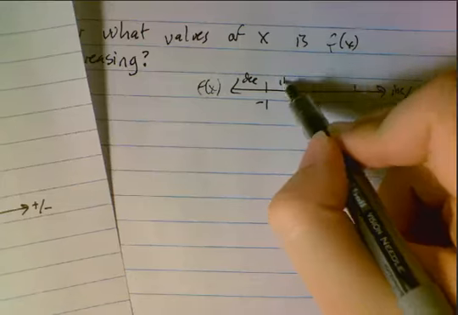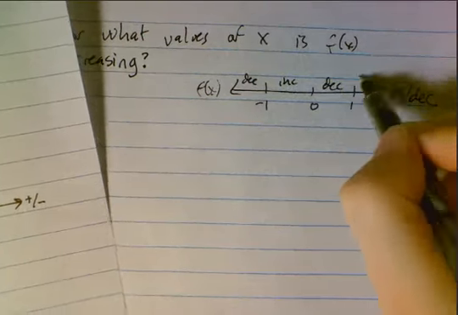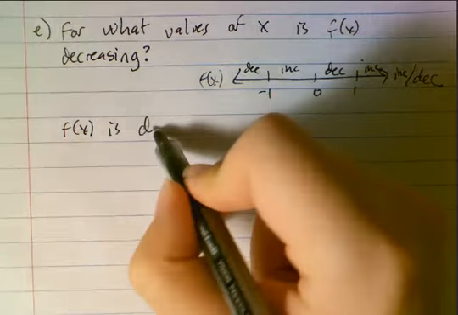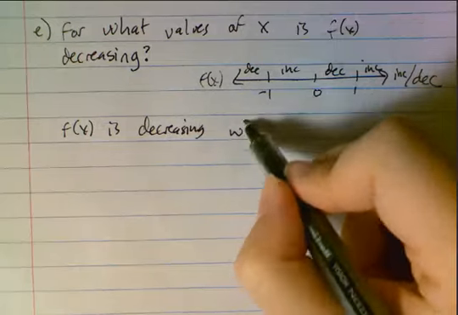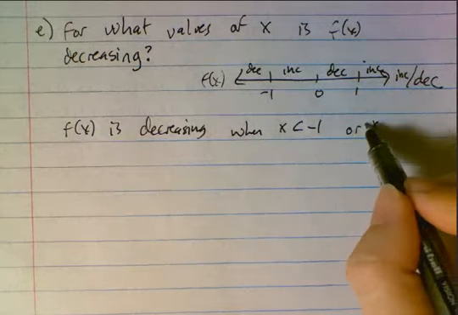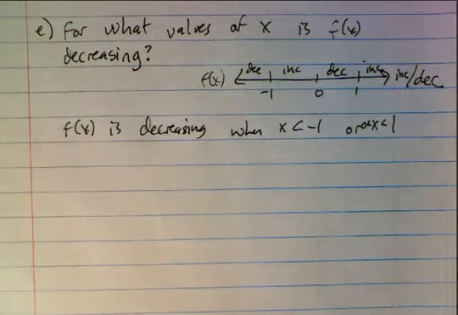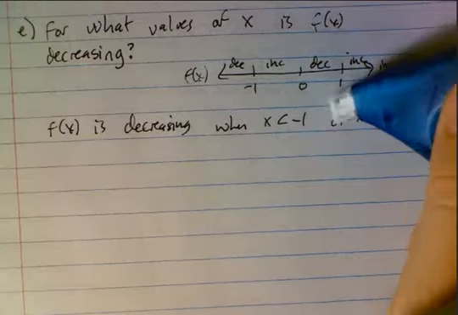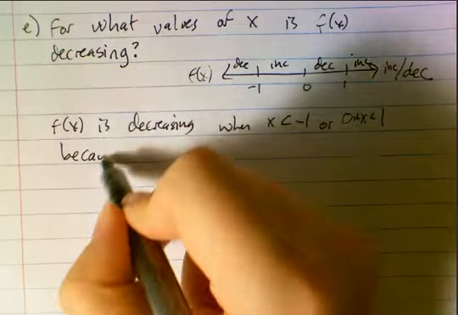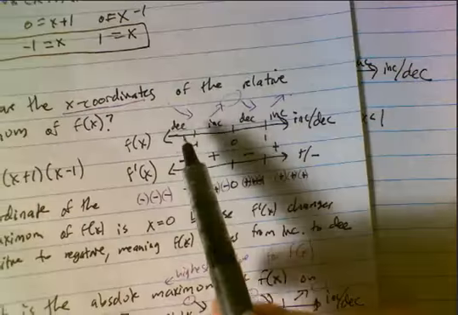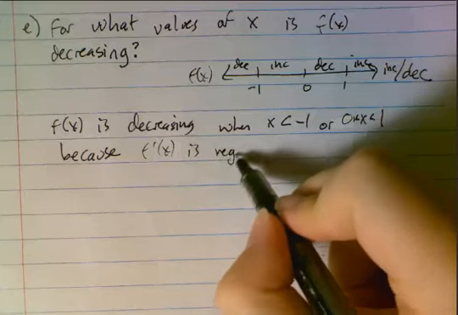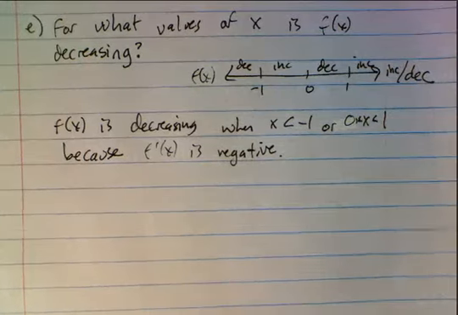It was decreasing, increasing, decreasing, increasing. And so we can see that f of x is decreasing when x is less than negative 1 or x is between 0 and 1. Because, and how we knew that when we're looking right here, was that f prime of x was negative. And there we go.